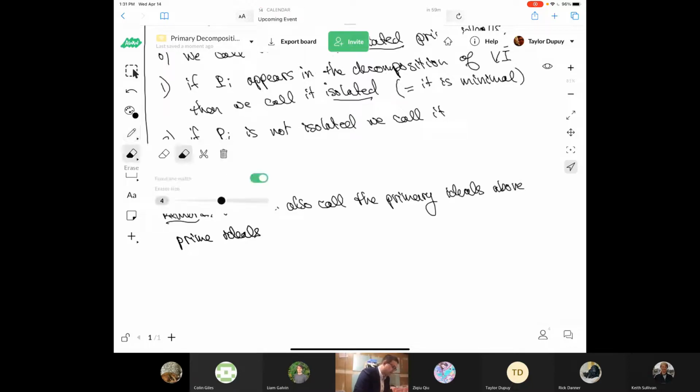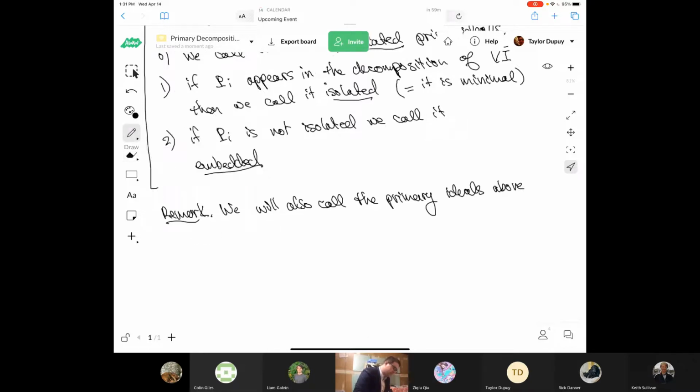So should I say above associated to prime ideals? I don't know. We also call the primary ideals above associated, isolated, and embedded.